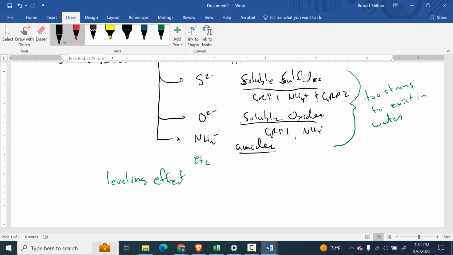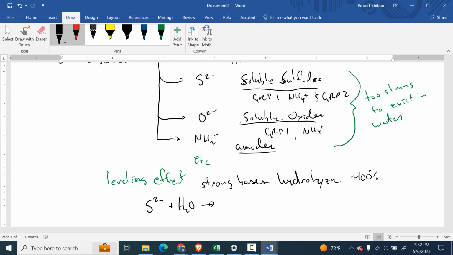Strong bases don't ionize. So for example, sulfide is a strong base. What does it ionize to? It doesn't break apart. Strong bases hydrolyze completely, about 100%.